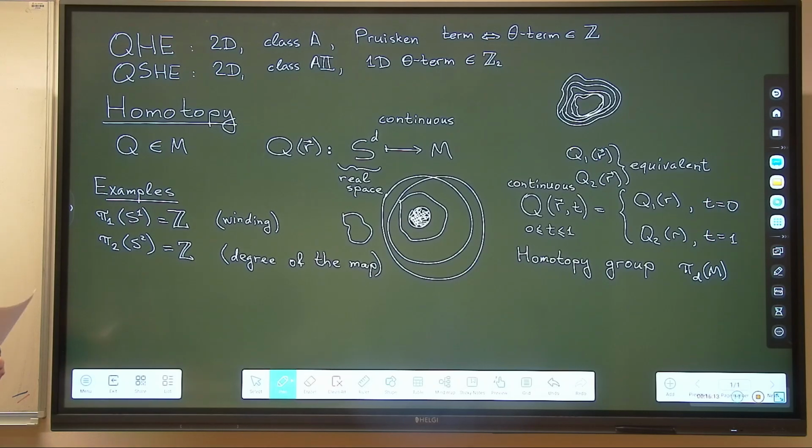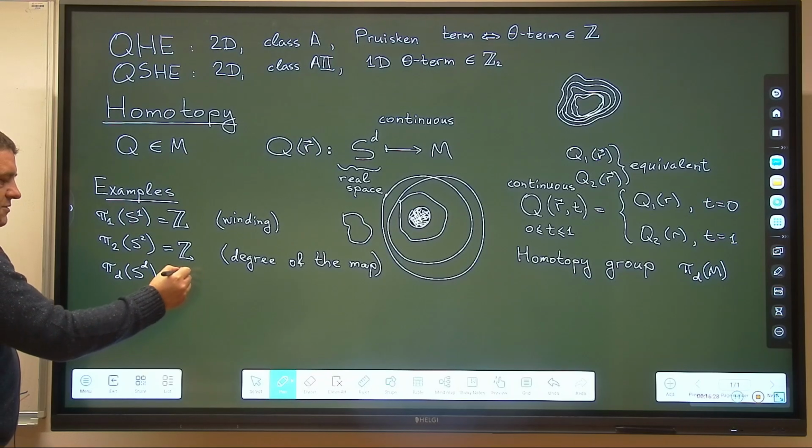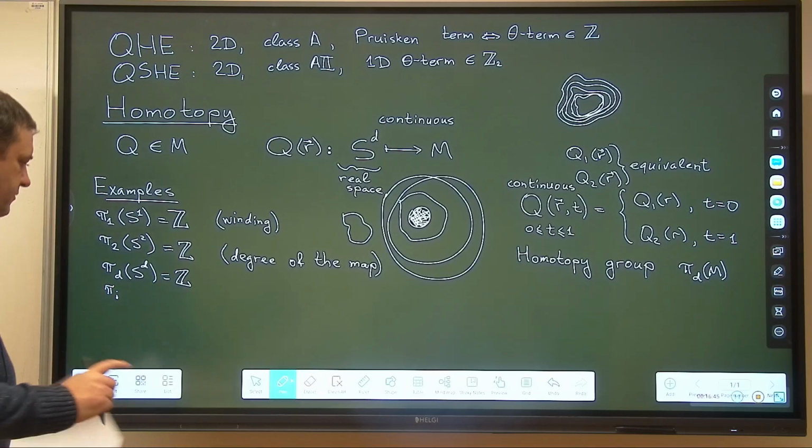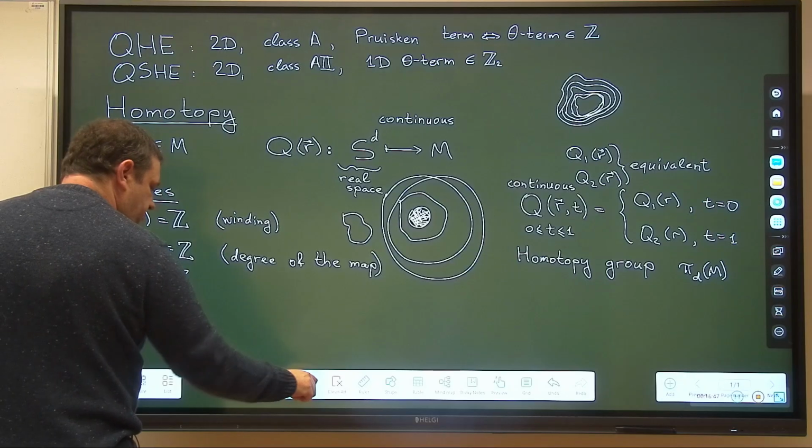And actually, there is a whole statement about this generalization: pi d of SD always equals Z. It's simple, just particular cases of this general statement. There is also another general statement, which is very easy. Pi with an index. Let me write it as a single formula.